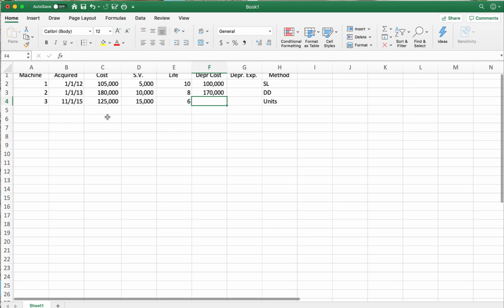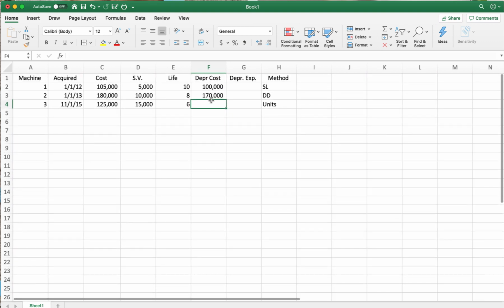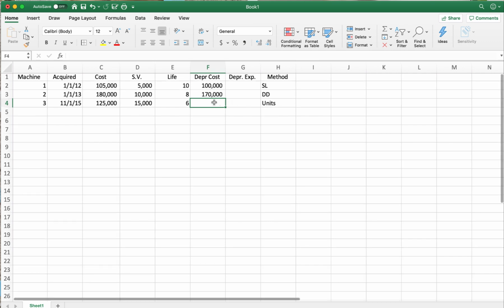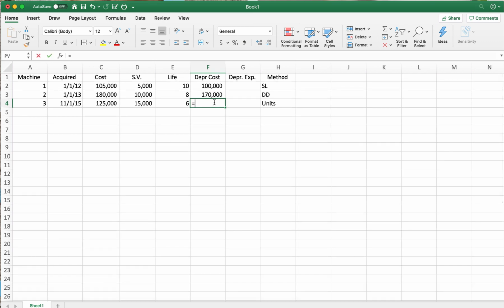Then I do the same thing with machine 3. Machine 3 uses units of activity. I'm going to take my cost of $125,000 and subtract out my salvage value. I get $110,000.